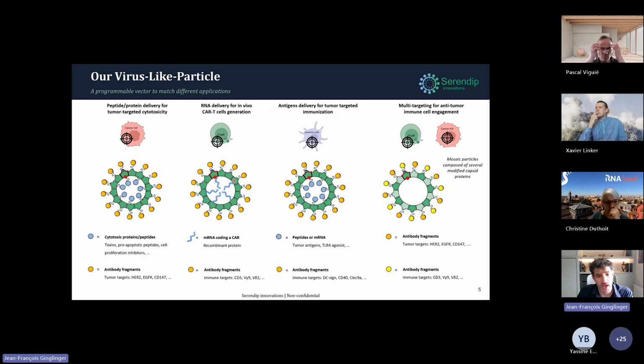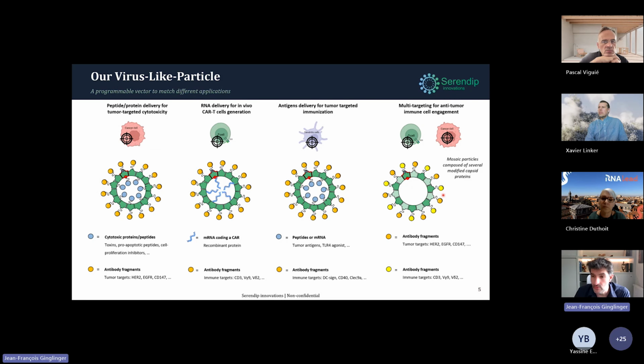But you can also transport mRNA coding for a CAR, for example, and deliver it to a T cell to transform it into a CAR T cell in vivo. You can transport peptides or mRNA vaccines or antigens, and deliver them to dendritic cells to trigger an immune response.